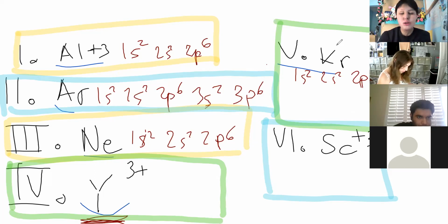That's how we find out which ones are isoelectronic or not. Or if we have the abbreviated configuration of the ground state element, we can just, like you said, take away electrons, and then we can see which ones are isoelectronic or not.